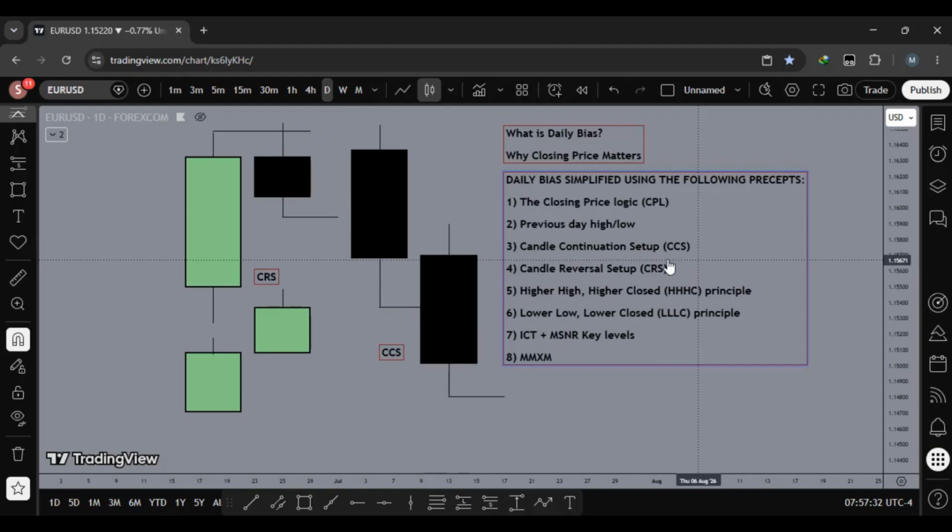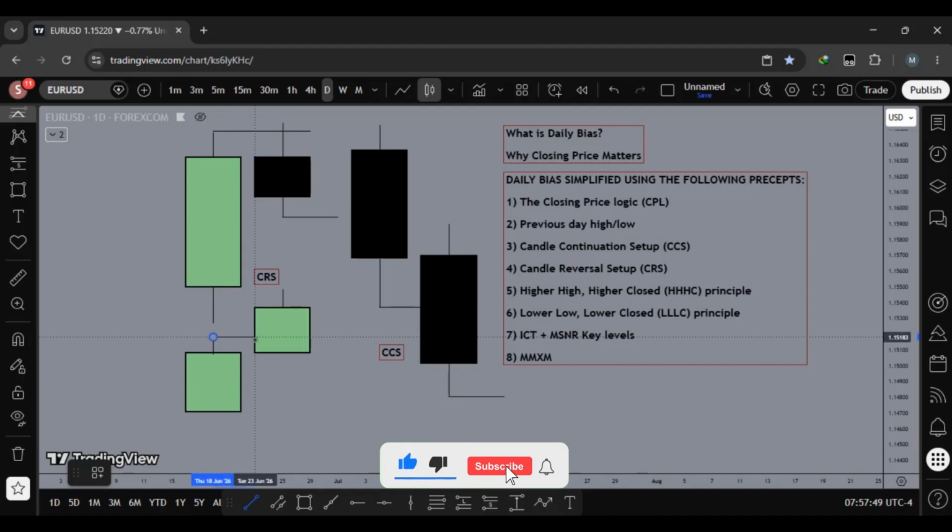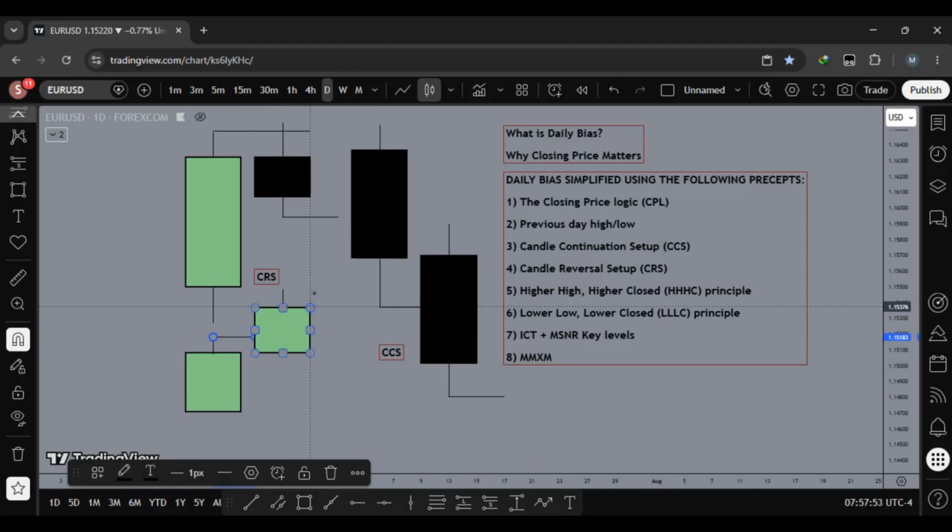Now the principle of higher high, higher close means this high is higher than this high and this close is higher than this close. So therefore it is a continuation setup. When you have a higher high, higher close principle, it shows that price is going up.